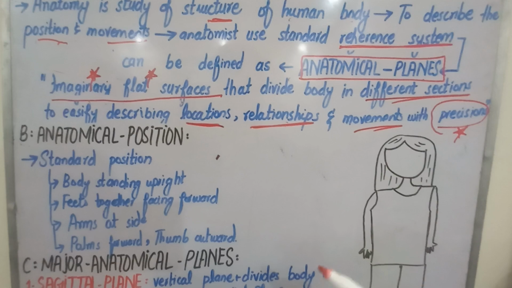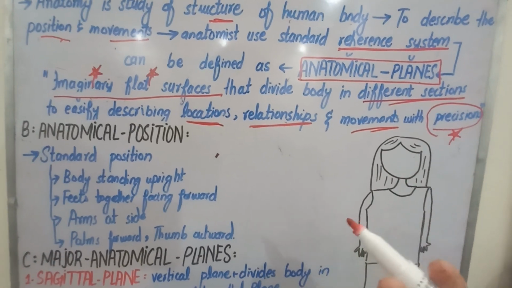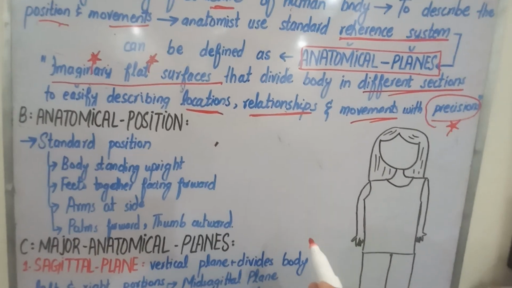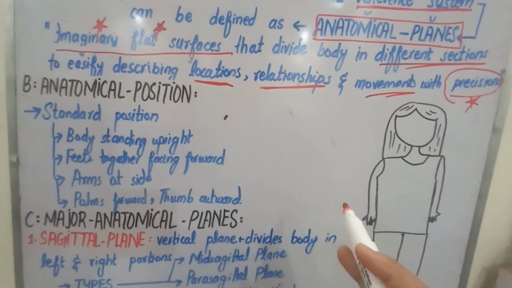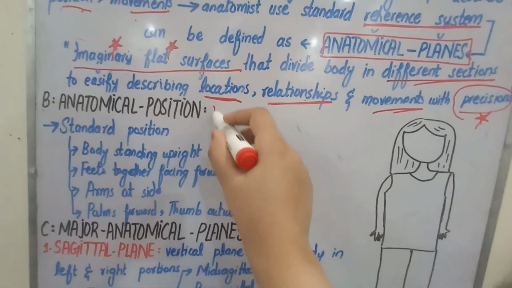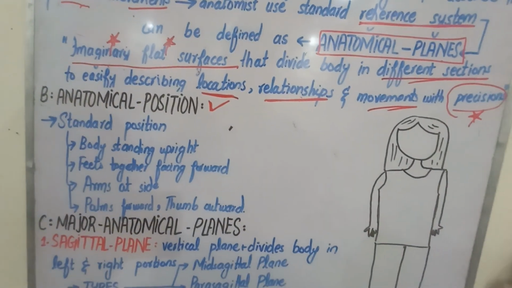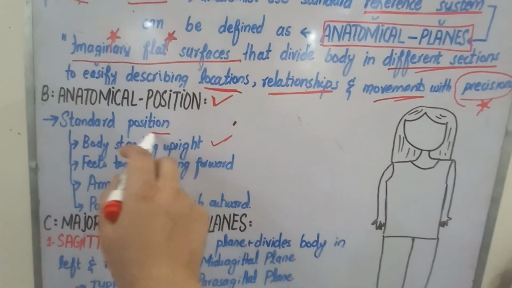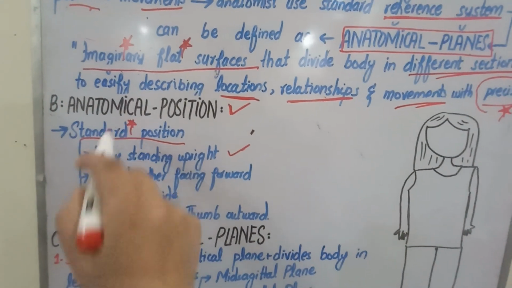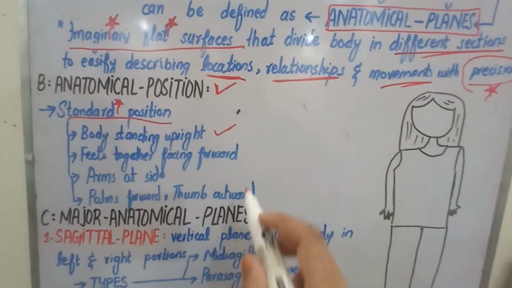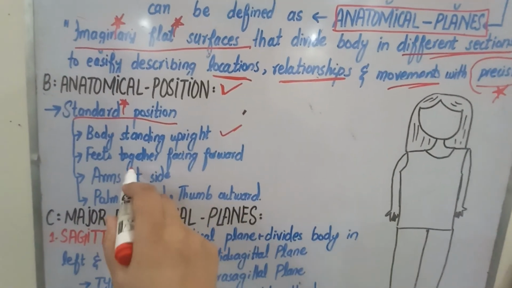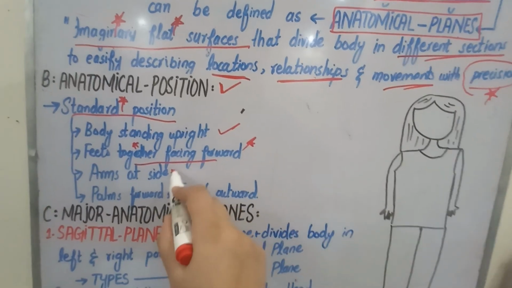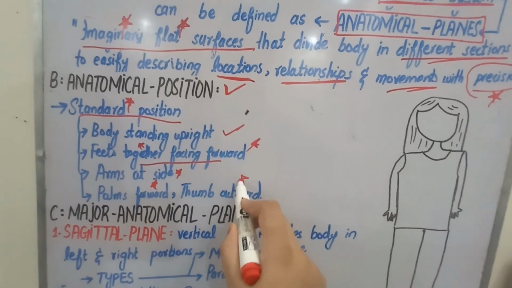To better understand anatomical planes, we need to have a specific position that is called the anatomical position. This is the position of the human body in which the body is straight and upright. It is a standard position. In this position, the body is upright, feet are facing forward and together, arms are at the side, palms are forward and thumbs outward.